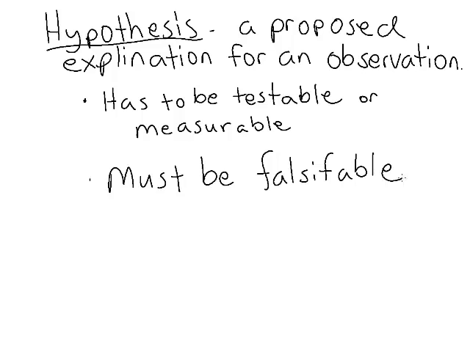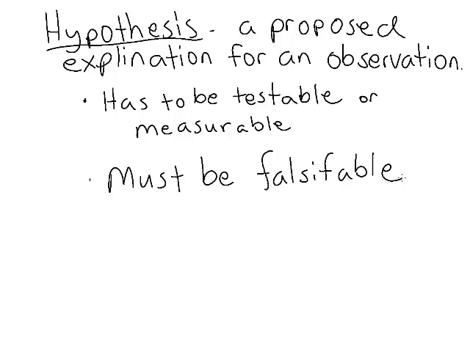If you make a hypothesis about something and it cannot be proven false, then it cannot be tested under the scientific method, or at least the classic scientific method. There may be other ways of testing it, but it won't be testable under the classic scientific method because you have to be able to prove it false.